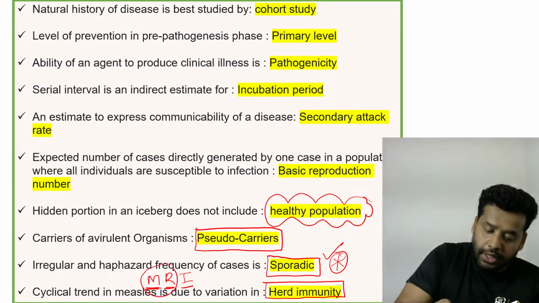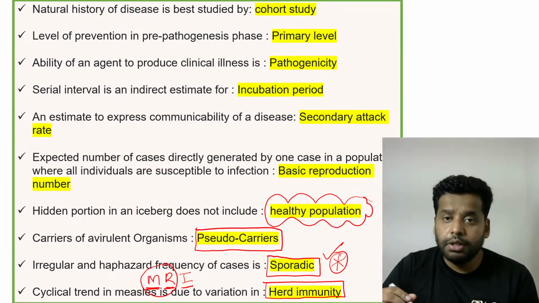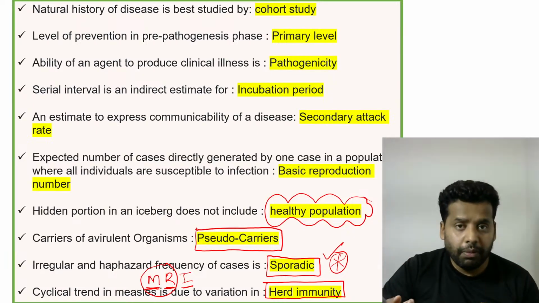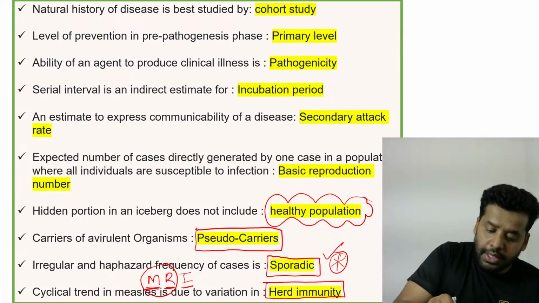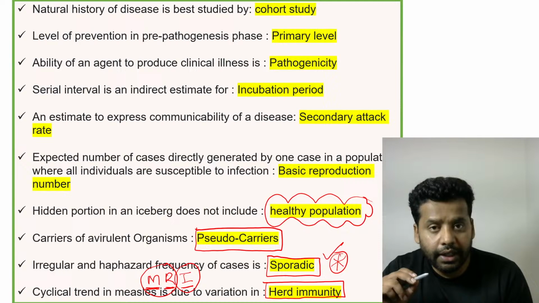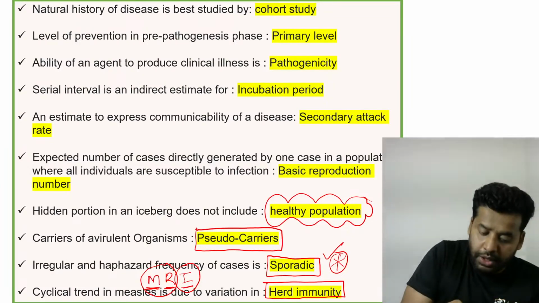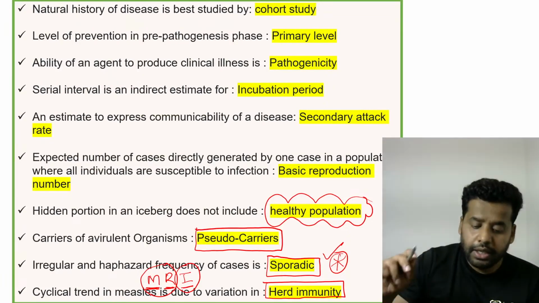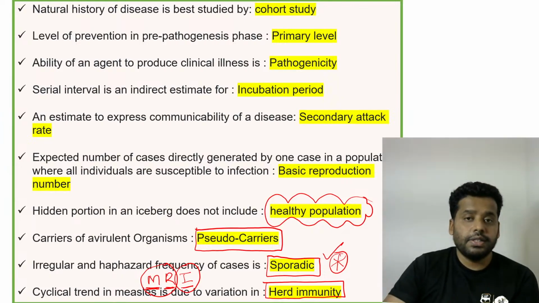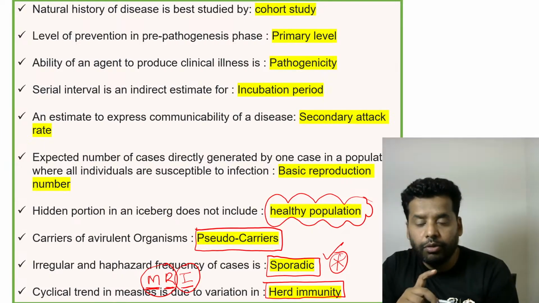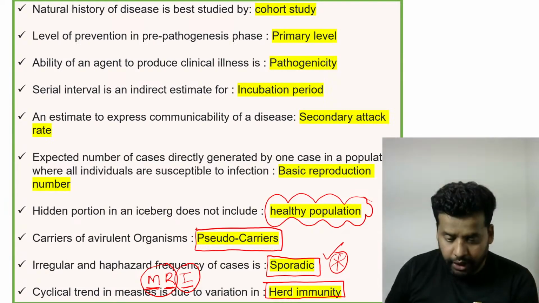Because there are changes in herd immunity, susceptibles will increase and epidemics will happen. Influenza pandemics are due to antigenic shift. But if the question asks why there is cyclical variation in measles, then your answer is changes in herd immunity.